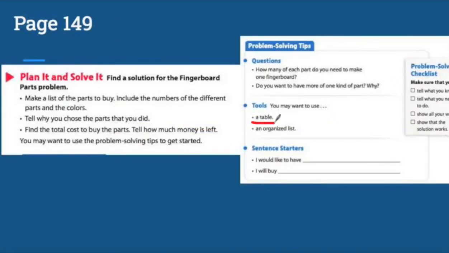You may want to use a table or an organized list. I think a table would be extremely helpful right now. So I'm going to give you a few minutes to get this organized, and make sure you pause this so you have extra time as well.